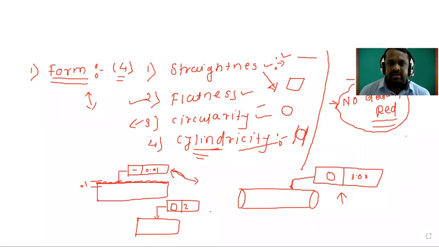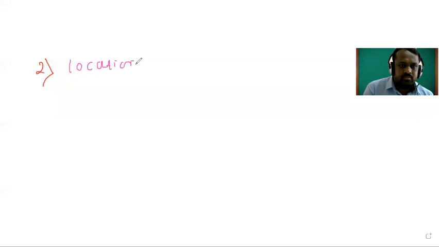So we'll take the next geometrical tolerance, location. So how many characteristics are there for the location? Again, there are 3 characteristics in that location.